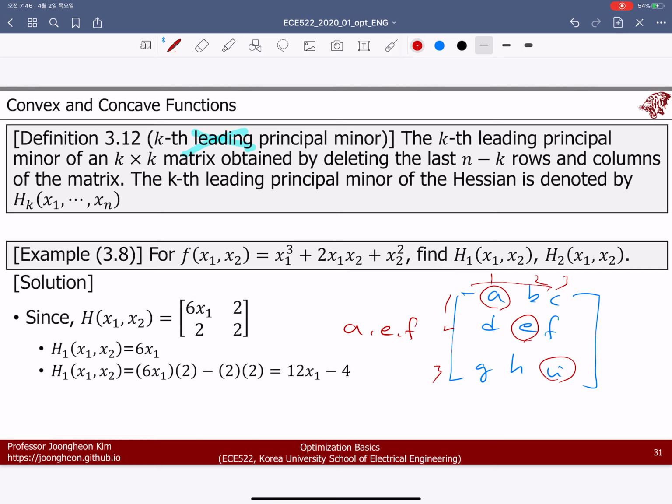So in that case, we have to take 1 2 1 2. So that's why it becomes AE minus BD. And then when you take the 1 3 1 3, then AI minus CG. So when you take this one and this one, then EI minus FH. These are our second order principal minors, and the first order principal minor for the last one.